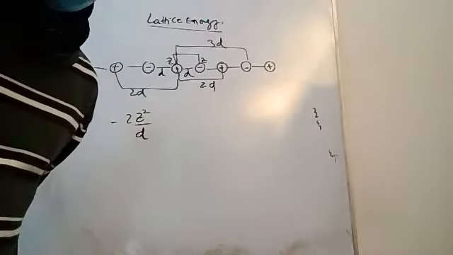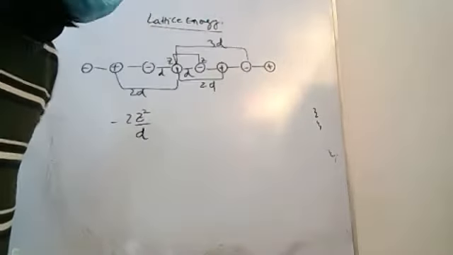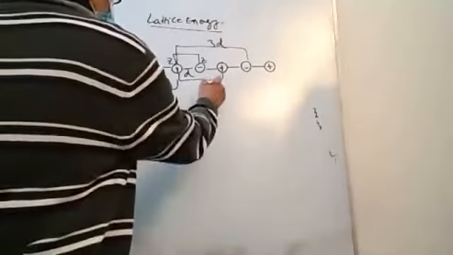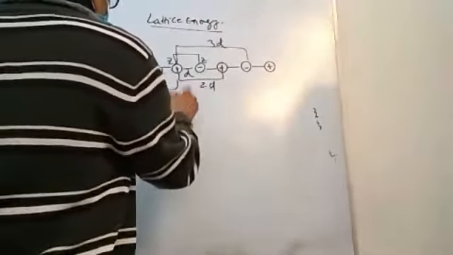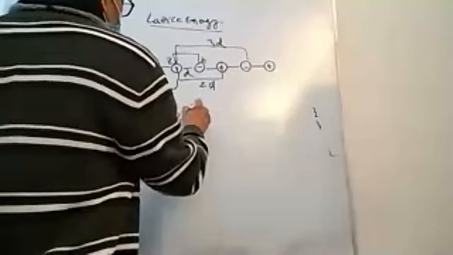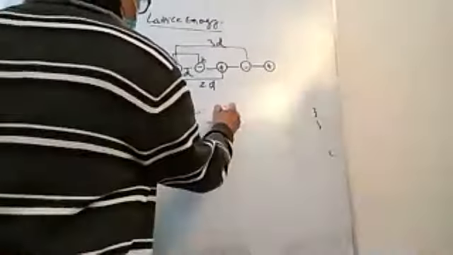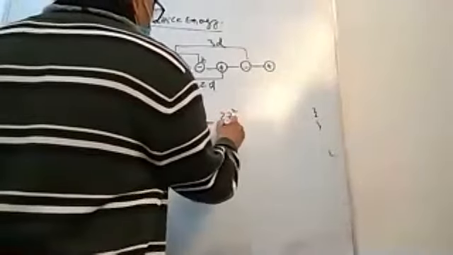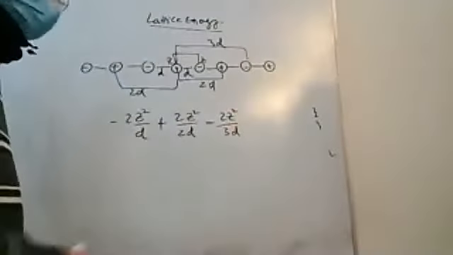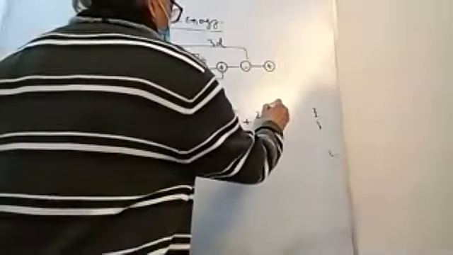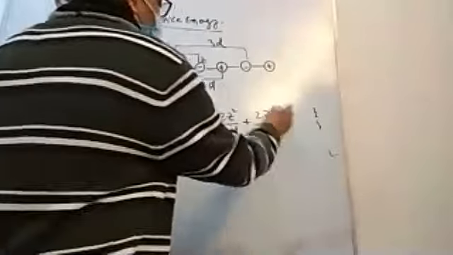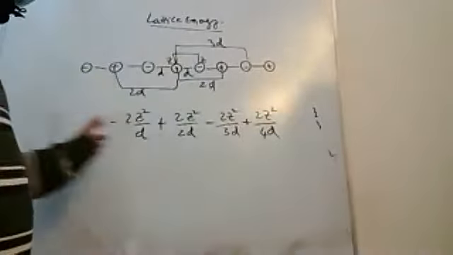That 2 tells you that you have an attractive interaction. And at a distance of 2d, we have two repulsive interactions, that is 2Z squared over 2d. At a distance of 3d, we do have, again, an attractive interaction. And at a distance of 4d, we have a repulsive interaction, and the whole thing continues.